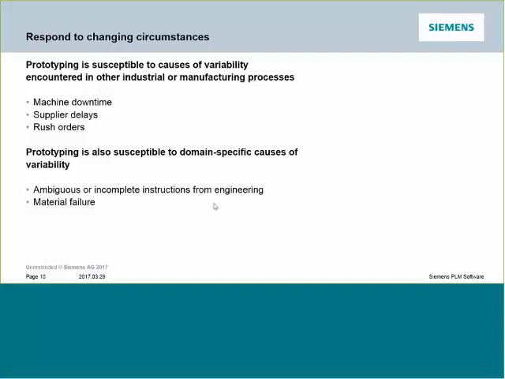Another example could be material failure. When making a prototype, you're often pushing the material or pushing a skilled operator to craft the material in a way that it has not before, and often the result is a higher scrap rate, and the result is potential delay.